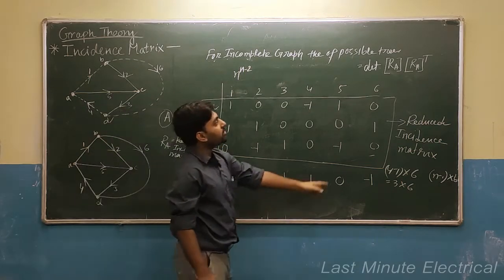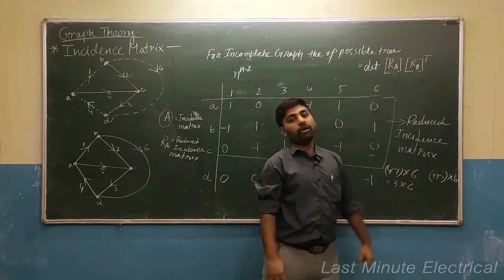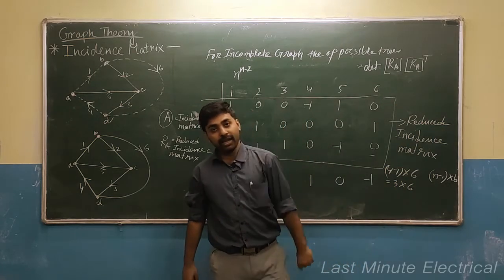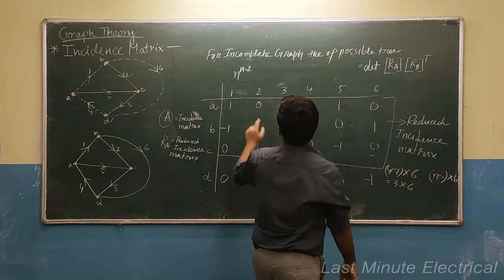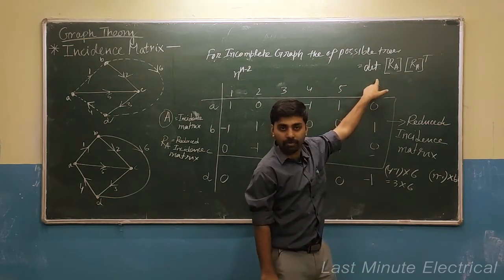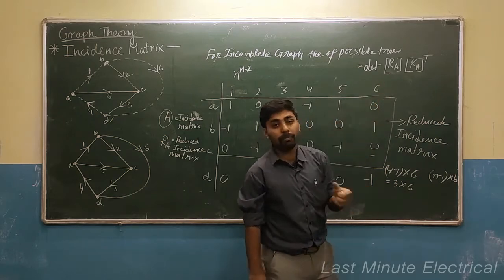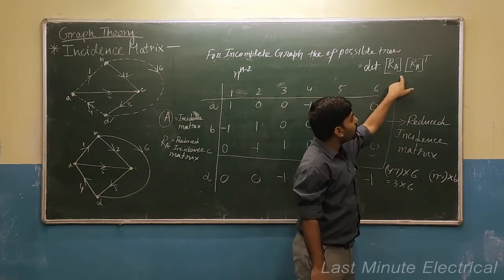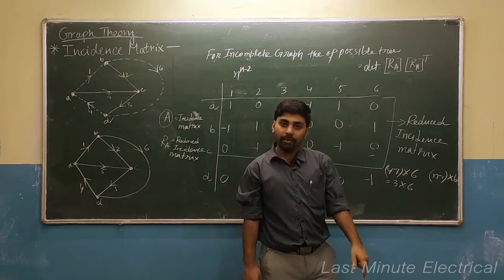Okay? But the determinant formula is applicable for complete as well as incomplete graphs. See, for an incomplete graph you can put this formula, you will get the number of possible trees. But if it is a complete graph, you can also put this formula to get the number of trees.